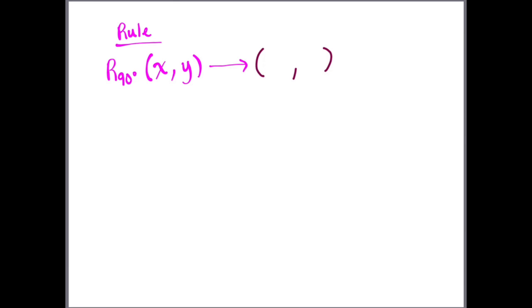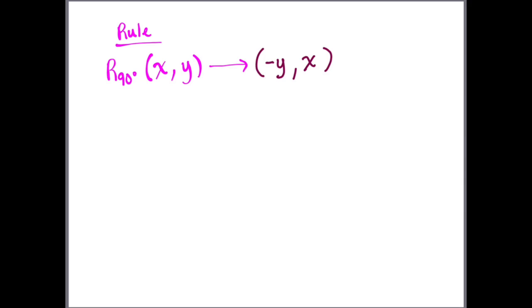So let's take it to the next step. The rule. Because for all these transformations, we are dealing with some sort of rule. If we are rotating 90 degrees, and I start off with the point (x, y), that point changes and becomes (negative y, x).